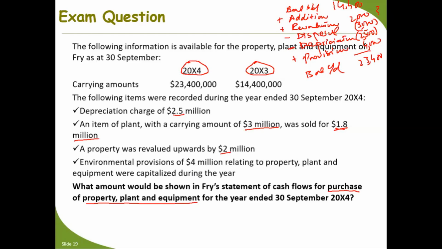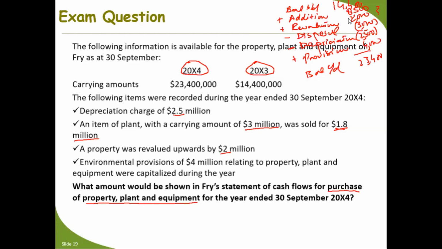So 23,400 minus 4,000 plus 2,500 plus 3,000 minus 2,000 minus 14,400 is equal to 8,500. This is your addition.